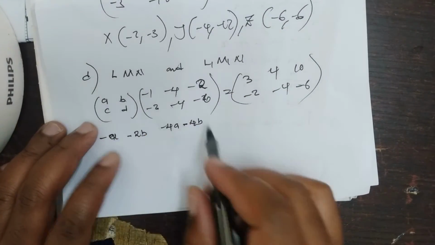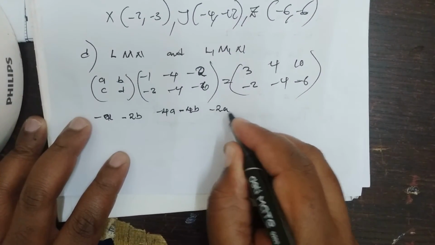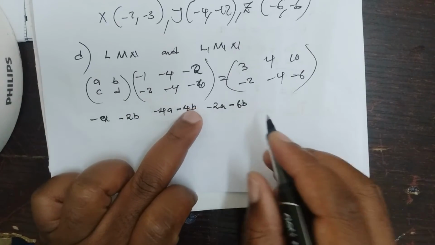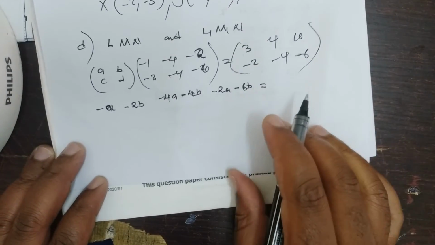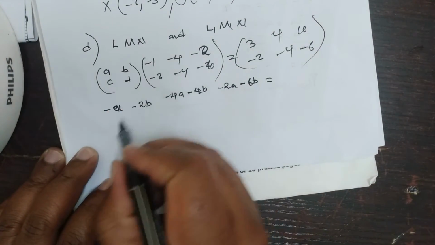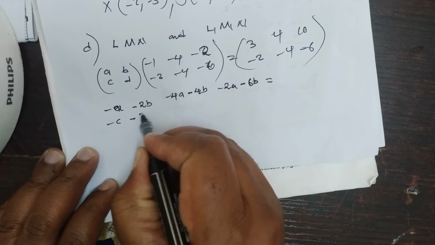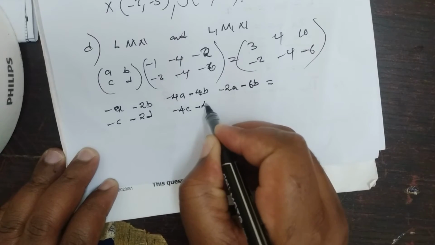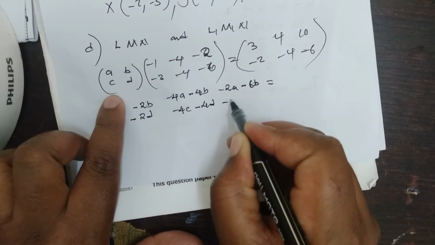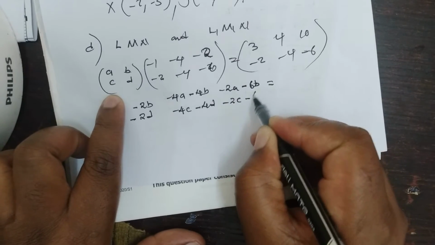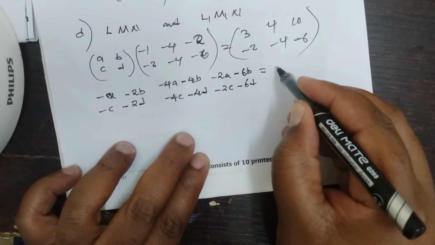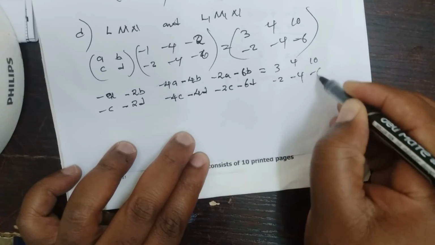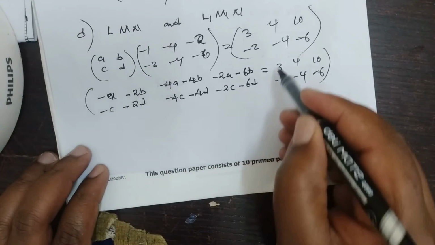This is equal to, then I come here, negative C minus 2D, negative 4C minus 4D, negative 2C minus 6D. What is the answer? 3, negative 2, 4, negative 4, 10, negative 6. This is the matrix that we have.